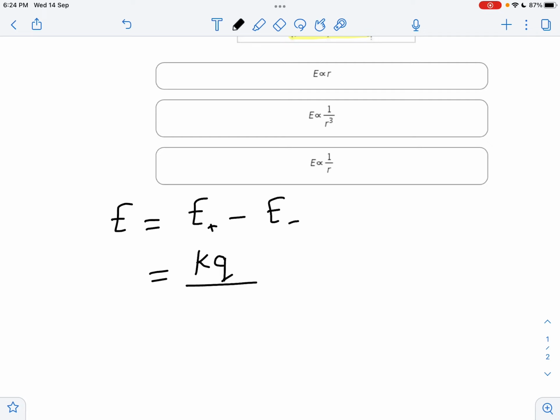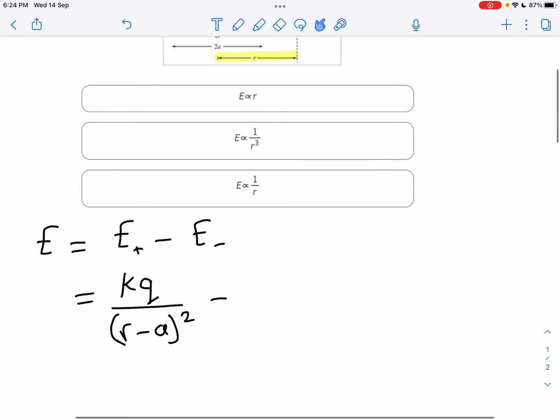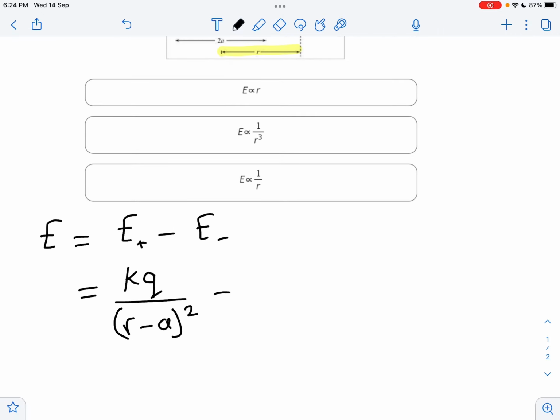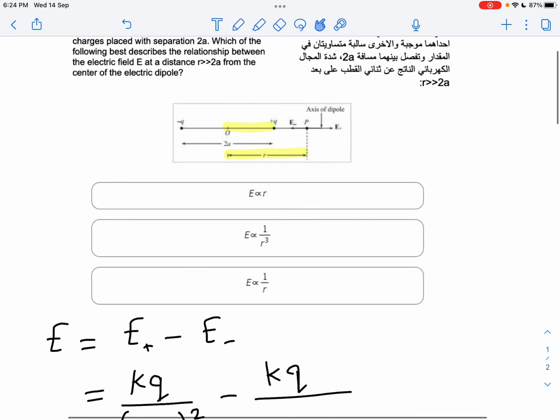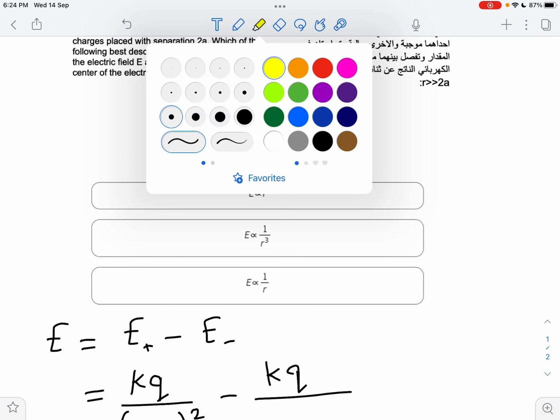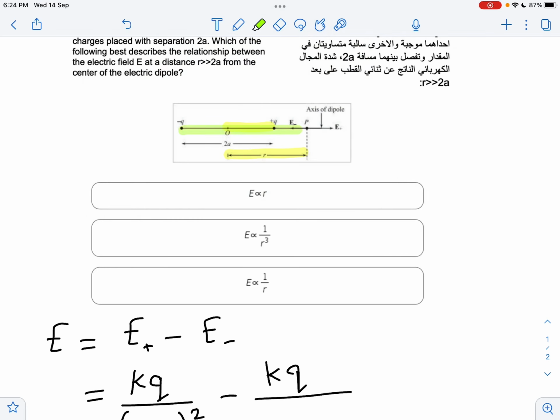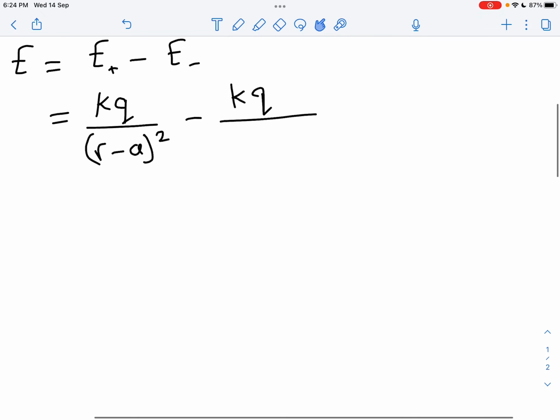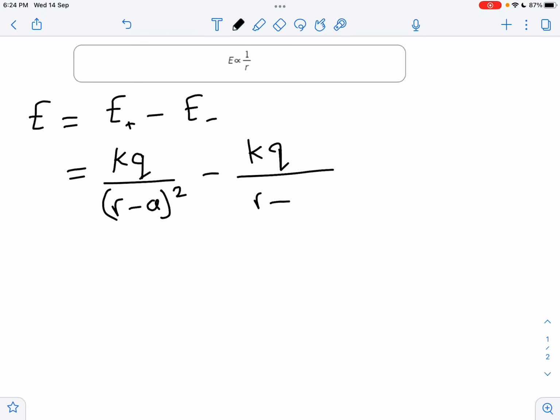So it will be KQ over (r minus a) squared, minus E of the negative, which will be KQ over the distance from here till point P, which is r plus that small distance, r plus a, over (r plus a) squared.